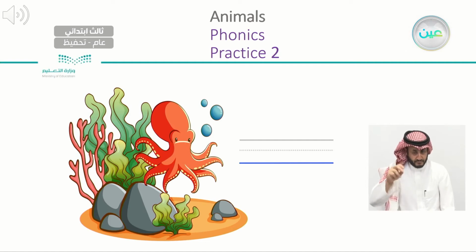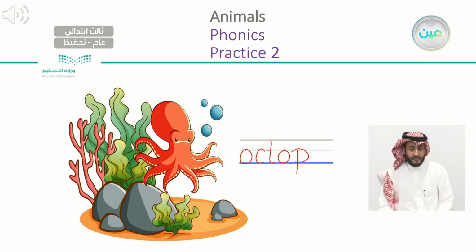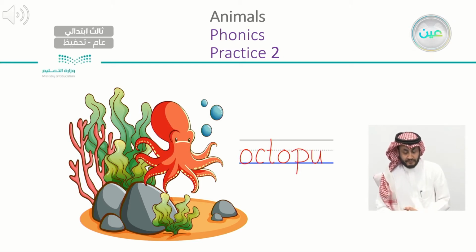Octopus. Now the word octopus has how many O's? 2 O's, excellent. Octopus. O, k, k. We have the C. Oct, t. Oct, p, p. Octopus.